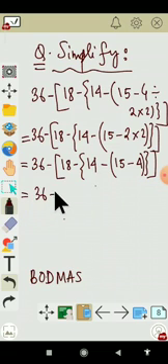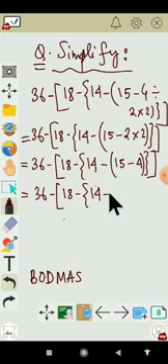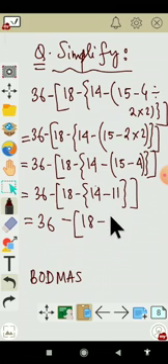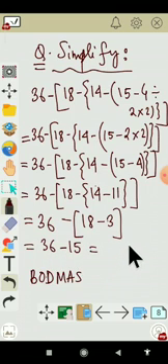So 36 minus 18, then 14 minus 15 minus 4 is 11, 14 minus 11 is 3. So 36 minus 15 equals 21. So 21 is the answer.